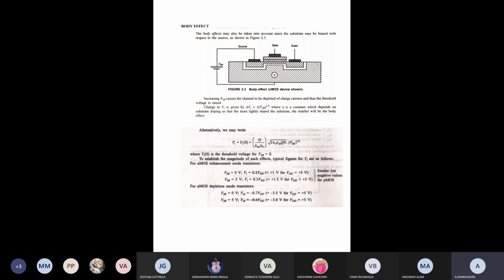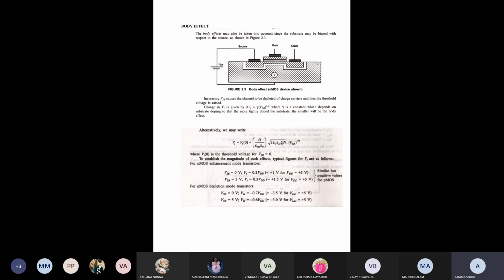But body effect, we can understand with a practical example. The temperature of the human body differs from one person to another; somebody has 98, somebody 97.5, somebody 96 degrees Fahrenheit. In the same way, MOS devices will also have different body effects.